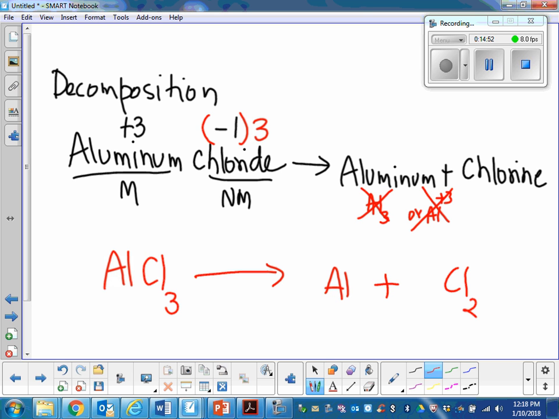All right. It says molten aluminum chloride. Molten means it's liquid. What does molten mean? It's liquefied. Karina, what's the state symbol for aluminum? Is it a solid, liquid, or a gas? It's a solid. And Lena, what is the state symbol for chlorine?